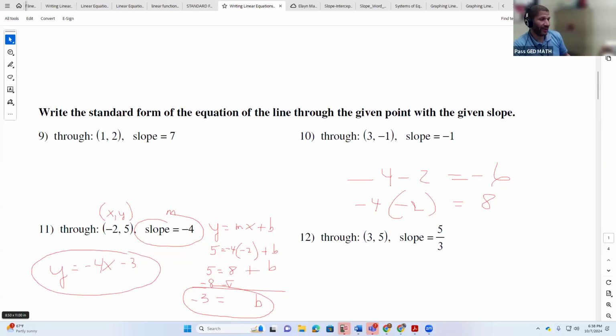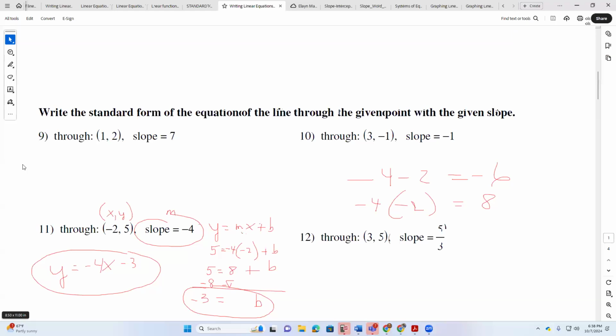So, Javette, what you're going to have to do is practice these enough to where you're confident. We just did those problems and you did them with no problems. When I gave you the slope and the y-intercept, you gave me the equation right away. But what your mind is doing is saying, I'm not sure what I'm supposed to do. If you've got the slope and the y-intercept, you keep saying y equals mx plus b, where m is my slope and b is my y-intercept. If I know my slope, y equals -4x minus 3. Got me? Gotcha. Okay.